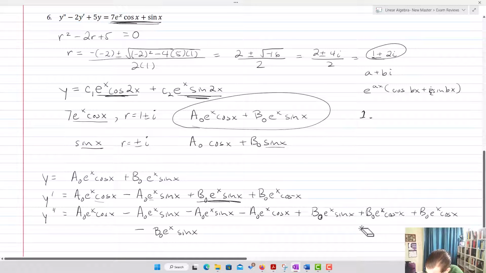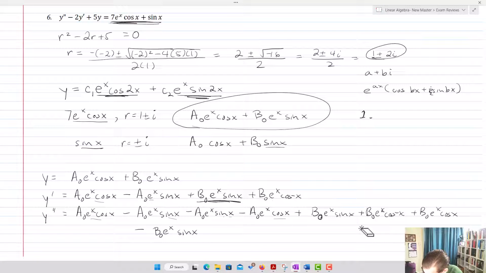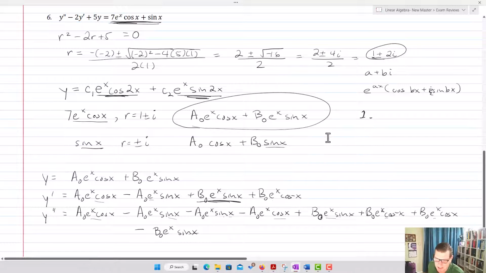So I have 1, 2, 3, 4, 1, 2, 3, 4, 5, 6, 7, 8. Good. In this case, because of the nature of the solutions, we're just going to double the number of terms that we have each and every time. So that's why I'm checking to make sure that all my work is right.